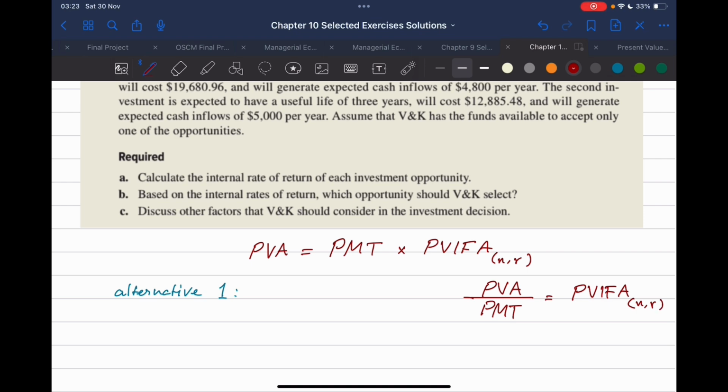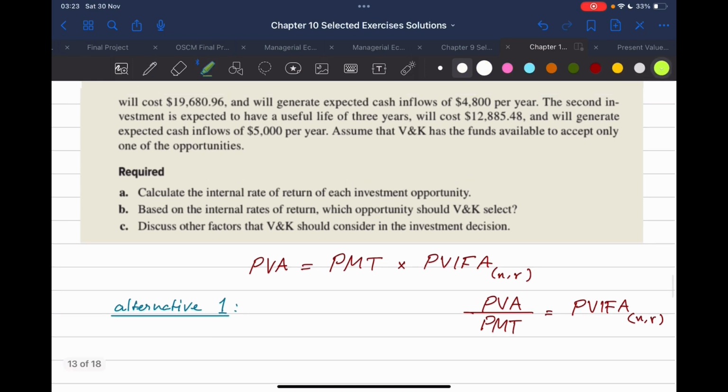I'm just rearranging the formula right here. So let's do this for the first investment alternative, which the question told us will cost $19,680.96 and will generate expected cash inflows of $4,800 per year.